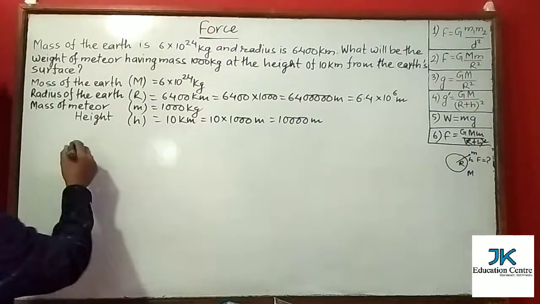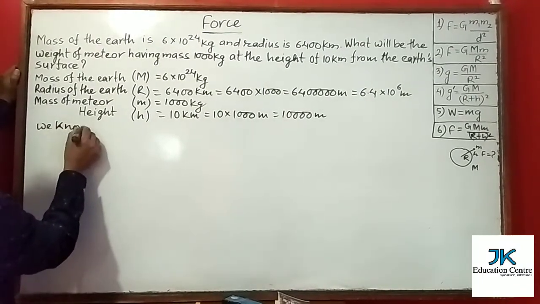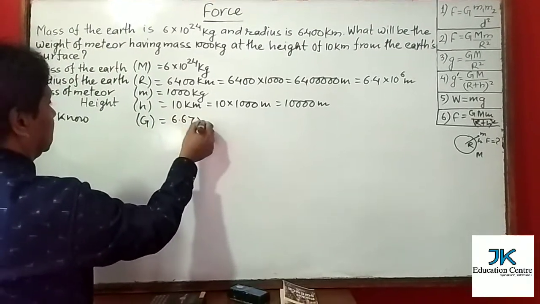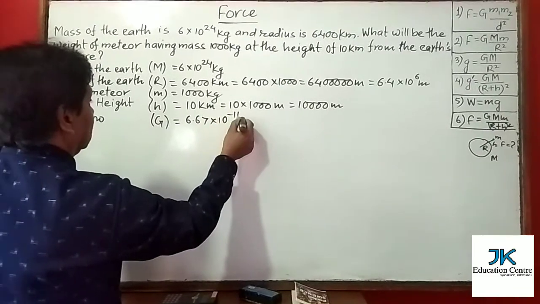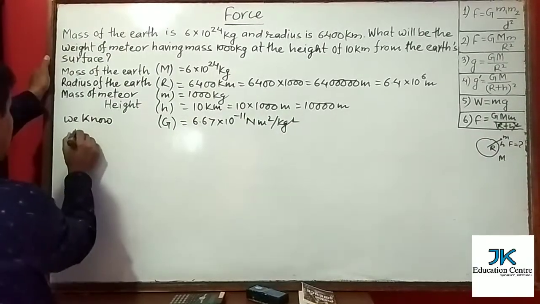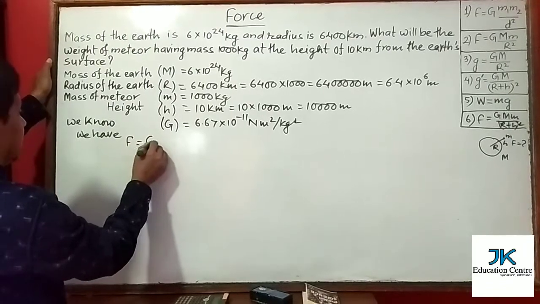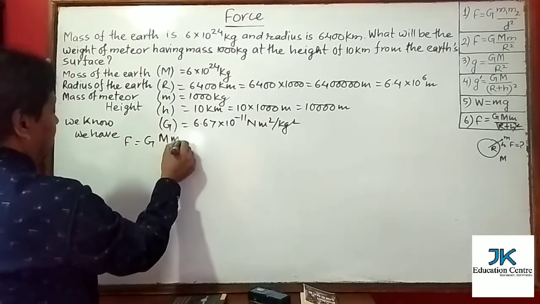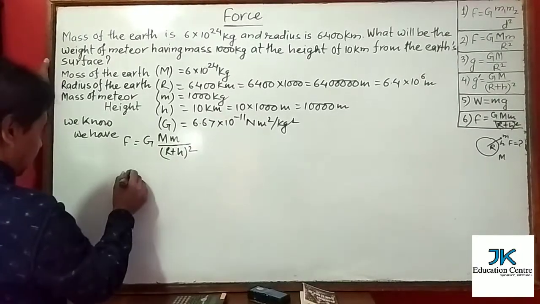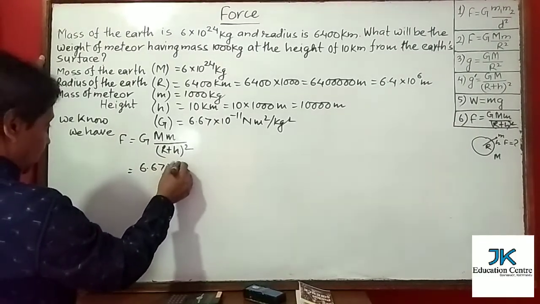Now let's come back here. We know G is equal to 6.67 into 10 to the power minus 11 Newton meter square by kg square. We have F equal to G capital M small m by R plus H whole square, and the value of G is 6.67 into 10 to the power minus 11.